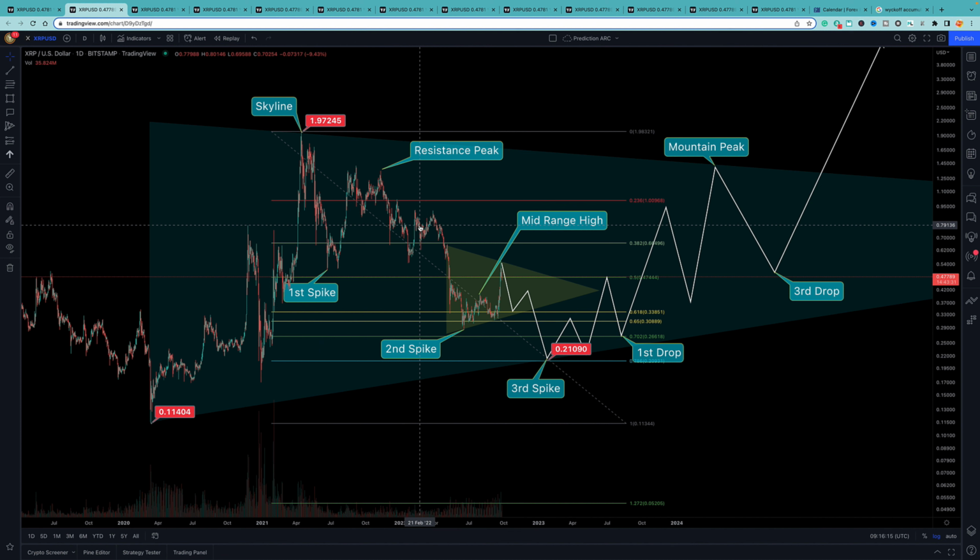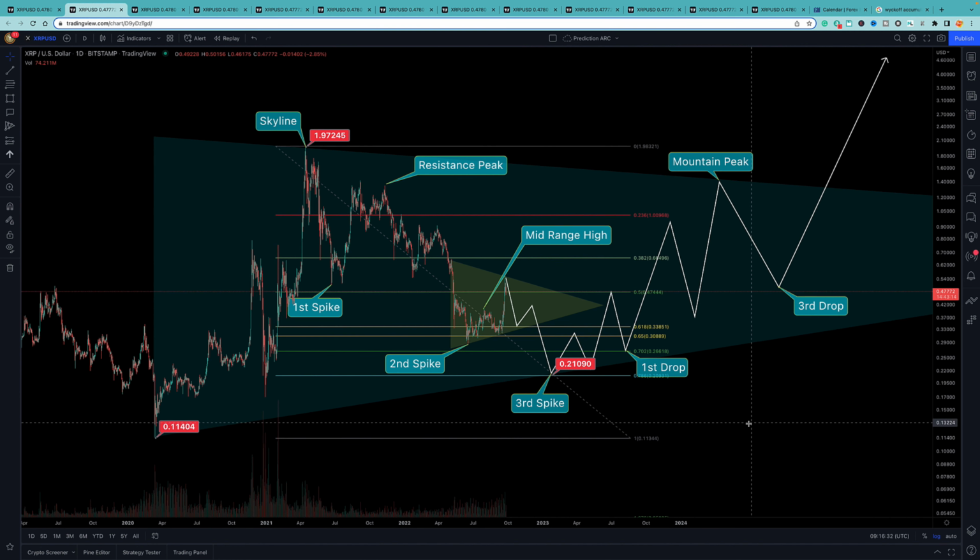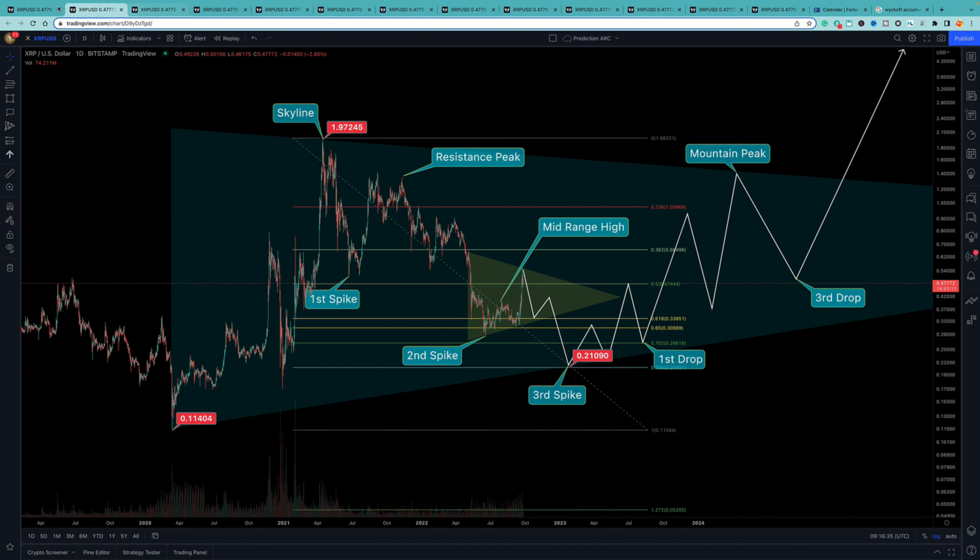It just never happens. It's just not possible. So this is why I'm thinking that this is mid-range high, a blow off top for a drop down. I would look at the arcs all the time, and that's what I would see. This is just on a bigger scale. So we'll see.